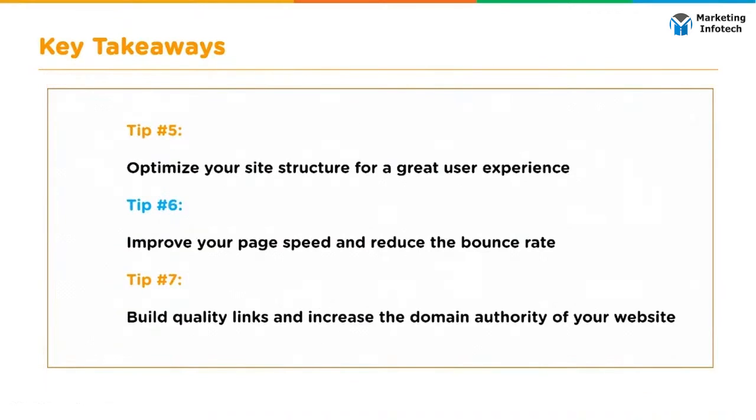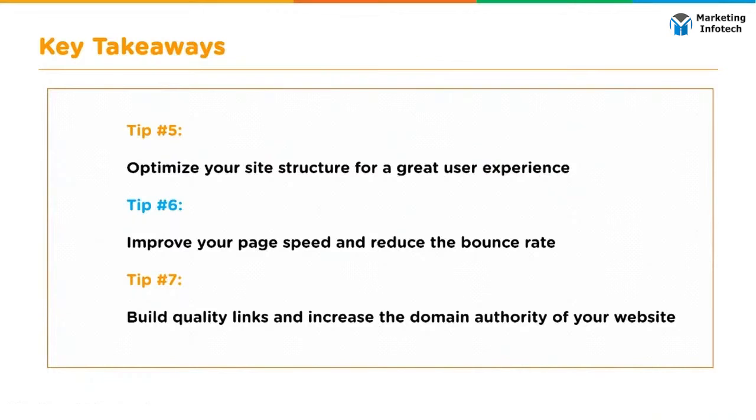Tip 5, optimize your site structure. We want to make sure that you have good inbound links. You want to make sure you incorporate breadcrumbs. You want to make sure users can navigate your site more easily. And then in tip number 6, if your pages load fast, then it's going to enhance the user experience. It's going to increase user engagement and increase conversions.